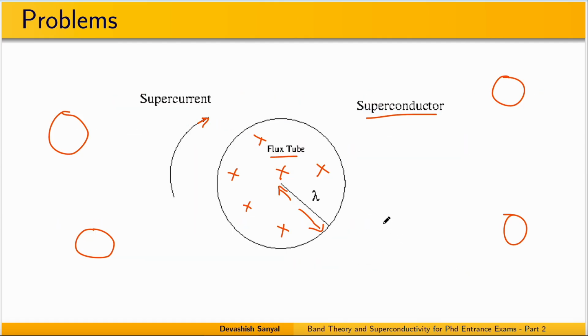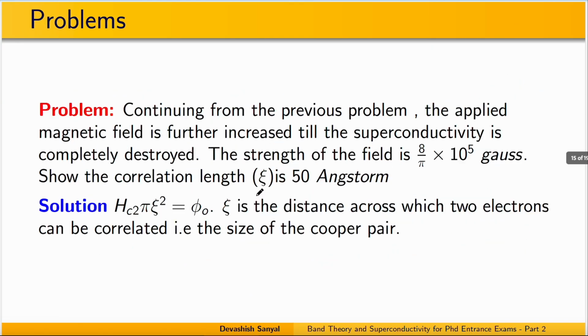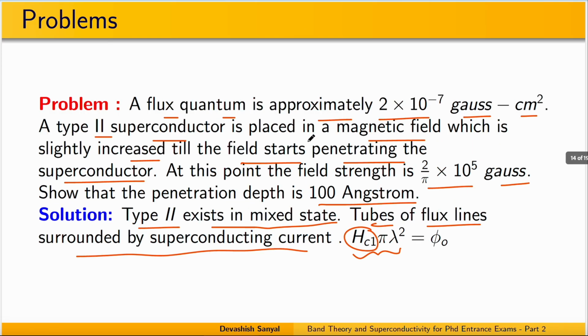Pi lambda square is the cross-sectional area of this tube, and Hc1 is the field that is entering this tube. This should be equal to phi naught, the flux quantum, which is given here.